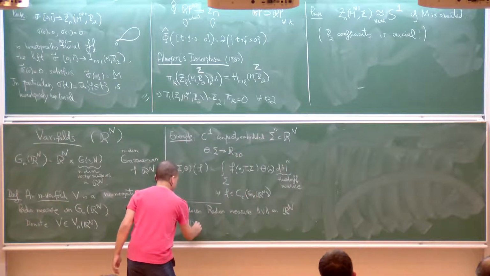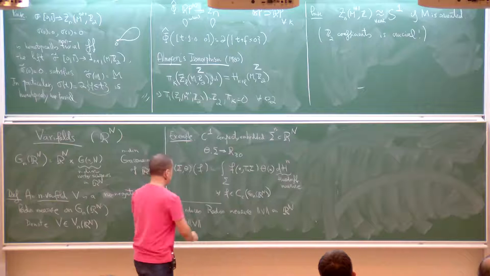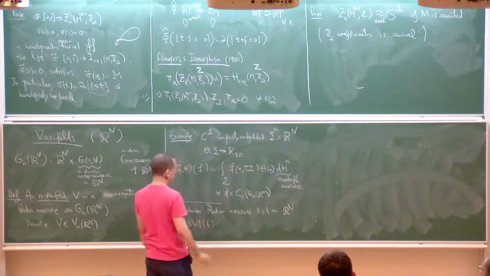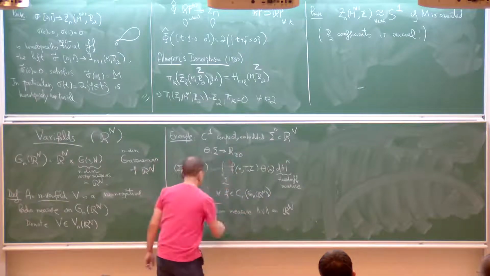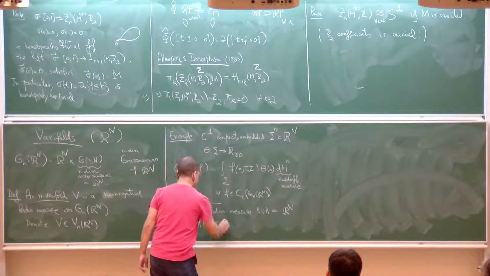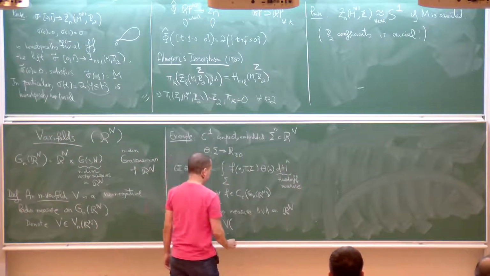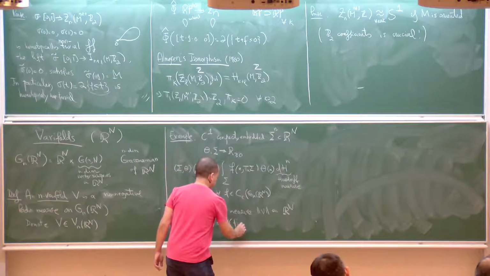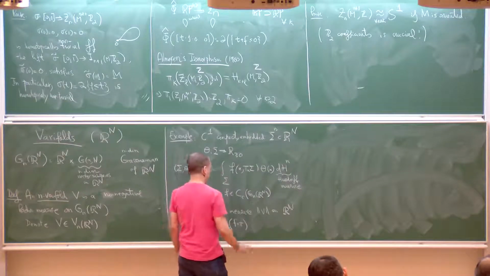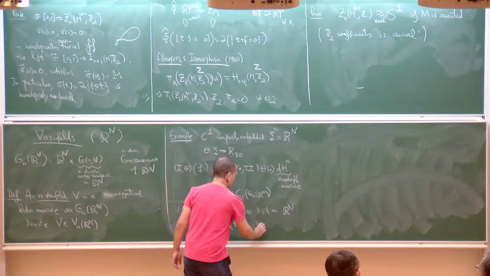What is the definition? It's the natural thing. This is going to act on a continuous function on the base. By definition, it is V evaluated at f composed with pi, where pi is the natural projection.